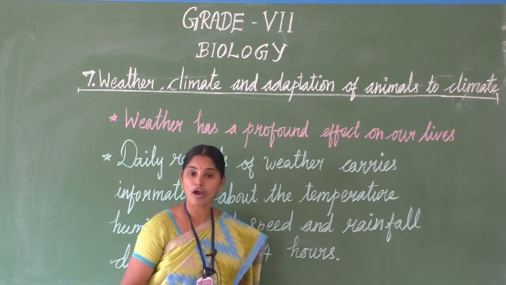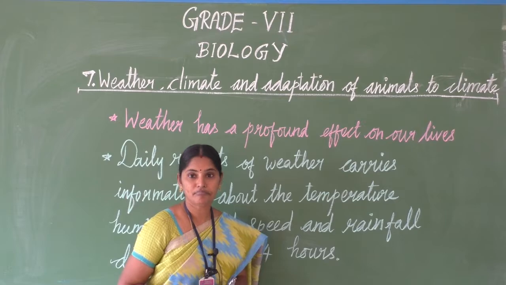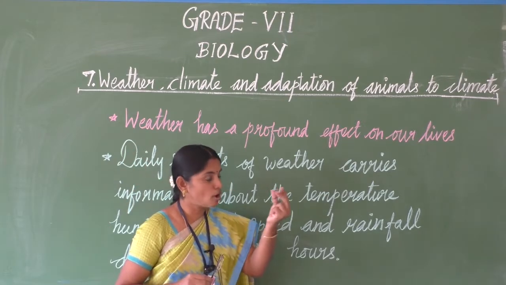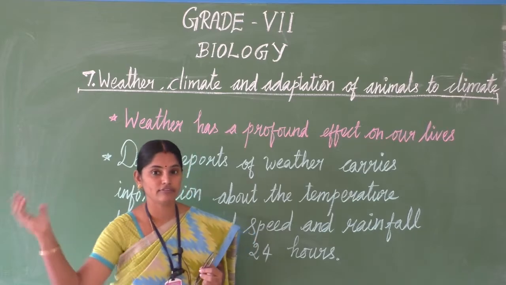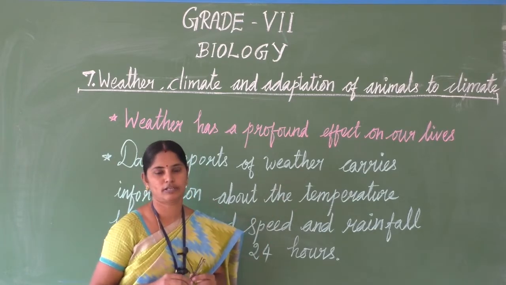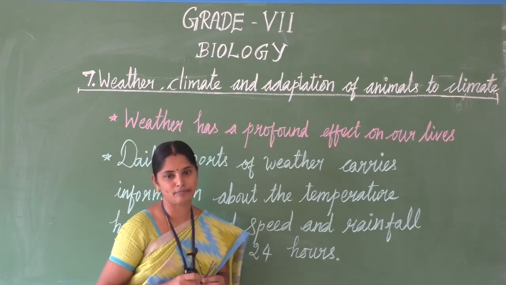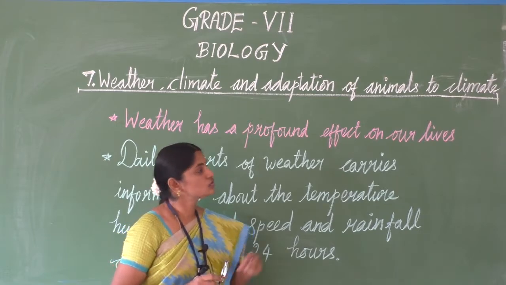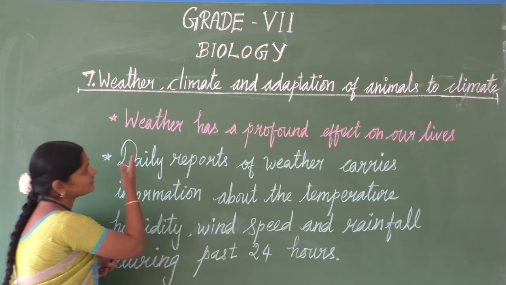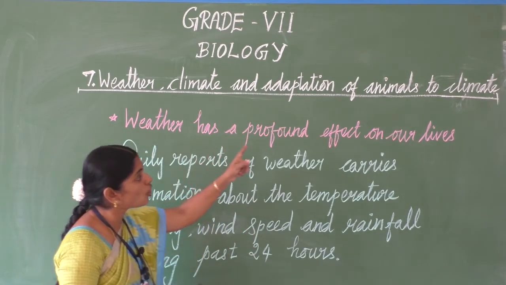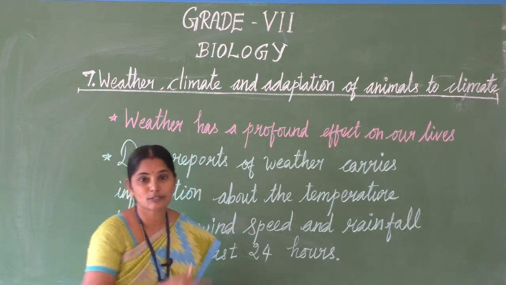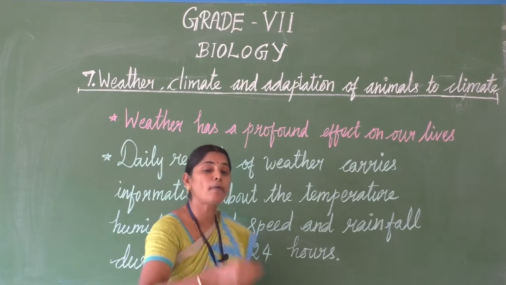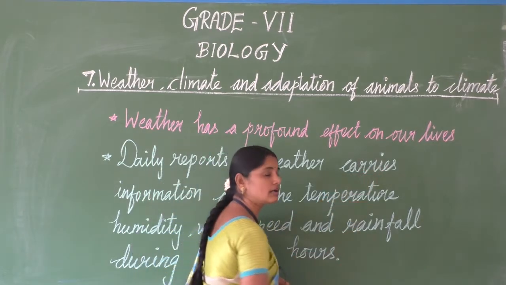If we start to play on a windy or cloudy day, the ball may swing. If heavy winds blow, the ball may swing. So it affects the game, isn't it? So we can say weather has a profound effect on our lives. It plays a very important role in our lives.